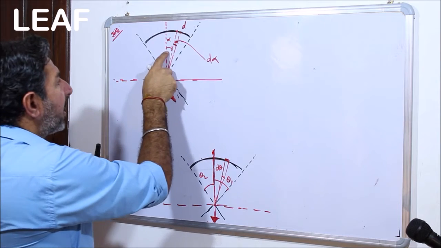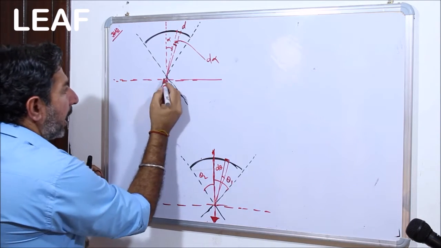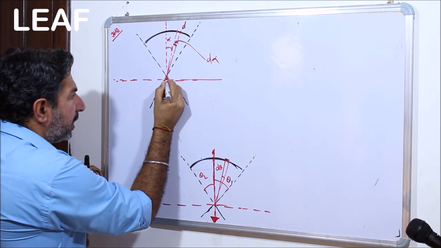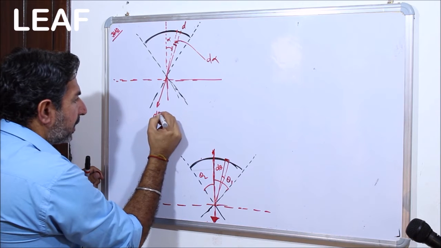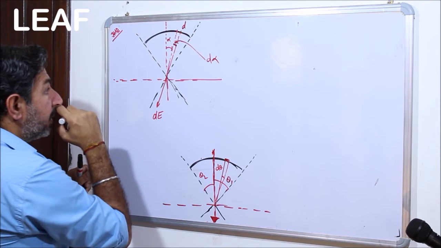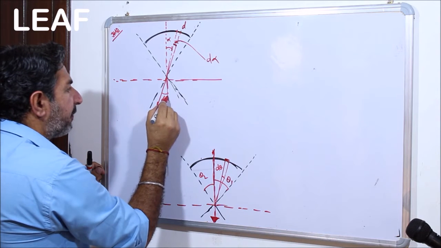Right? This is alpha, this is d alpha. Okay, now the electric field due to this is dE, and say this angle is alpha.